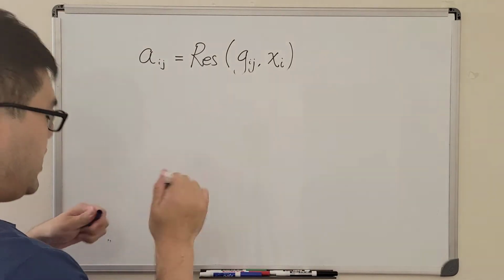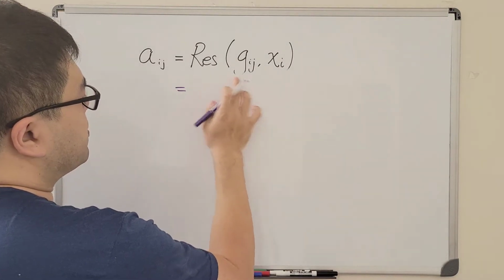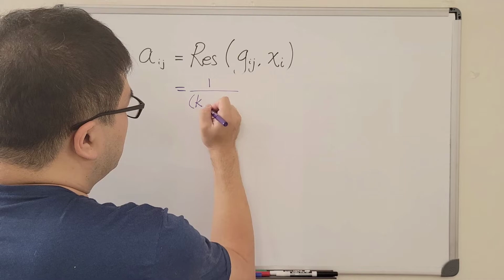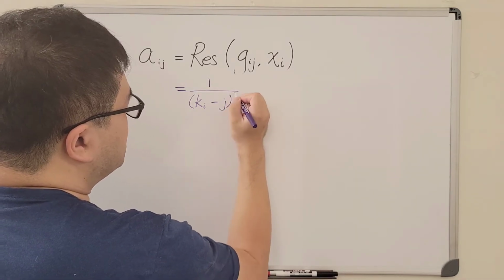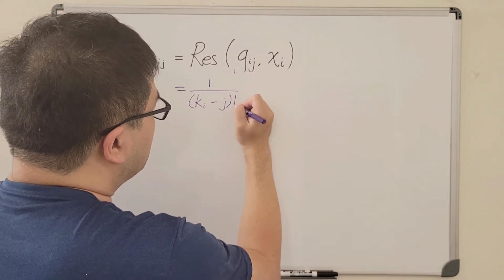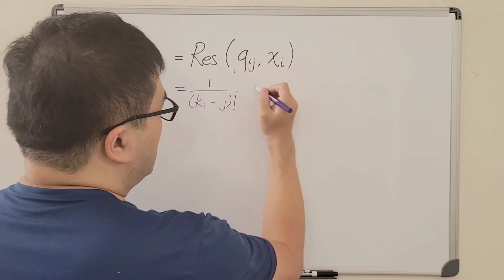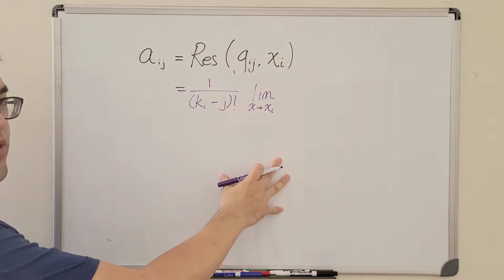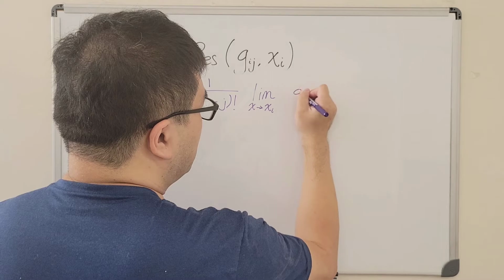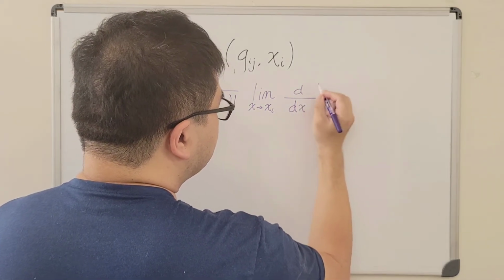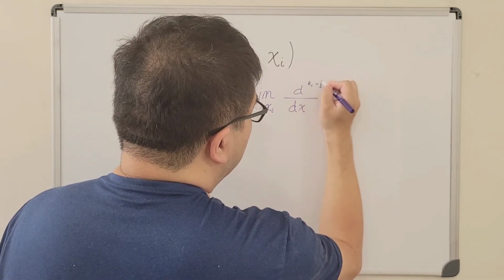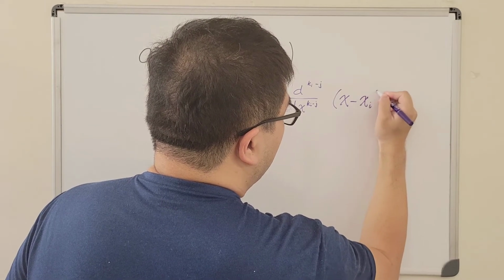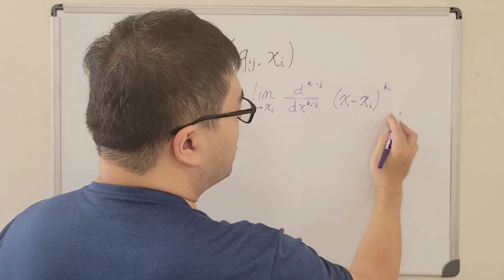If we want to generalize this relation, what we will get is a_ij is equal to the residue of the g function, which can in fact be written as 1 over the factorial of k_i minus j, times the limit as x is approaching x_i, of course, of the k_i minus j derivative of the product of x minus x_i raised to the k_i power times f of x.